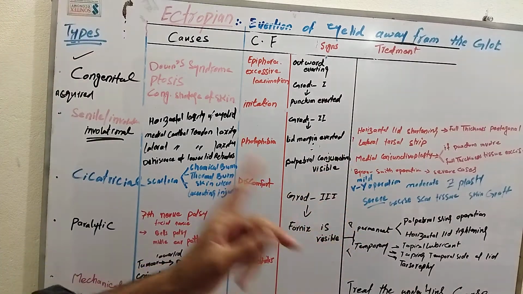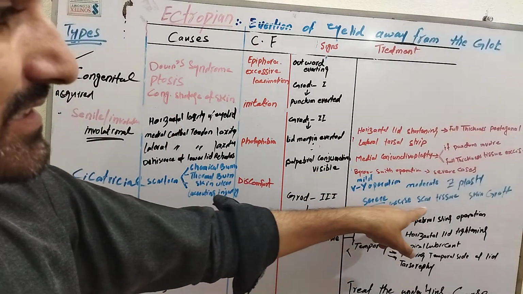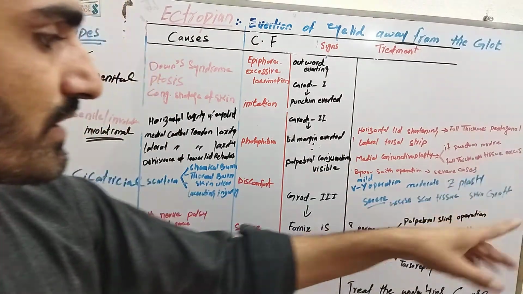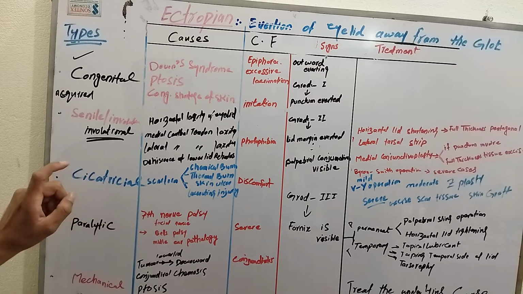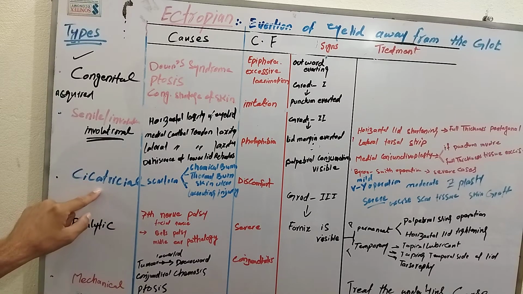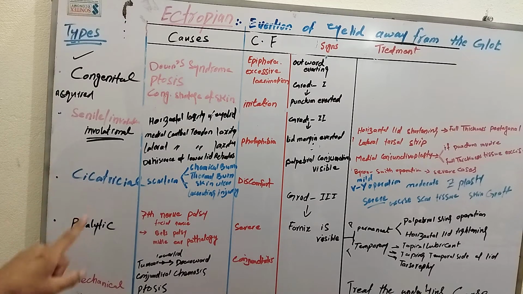This is also a type of surgery. In severe cases we will excise the scar tissue and do a skin graft. Sorry, I was telling you about cicatricial; VY operation is done in case of cicatricial scar formation. Fourth and last is paralytic.